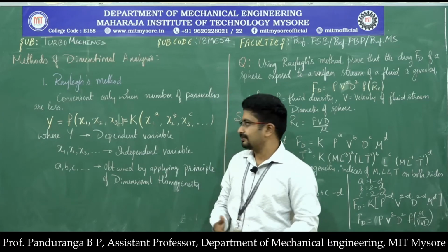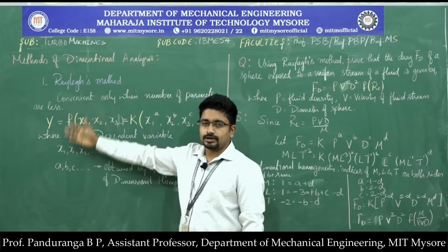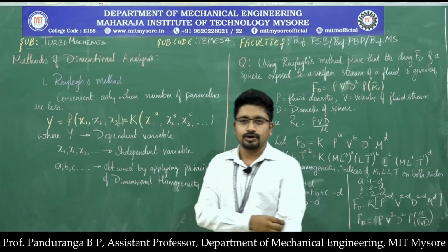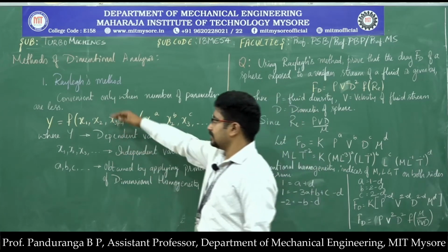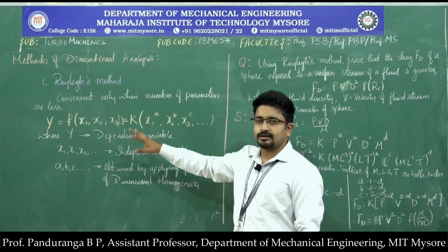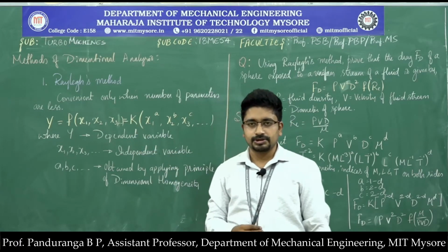First, let us see how to apply Rayleigh's method to derive a relation between the parameters involved in a physical process. First, I'll give you a brief introduction to Rayleigh's method, then we will see a simple problem where we apply it. This method is convenient and is based on the principle of dimensional homogeneity.